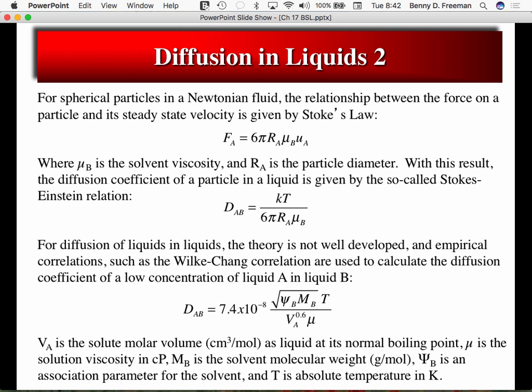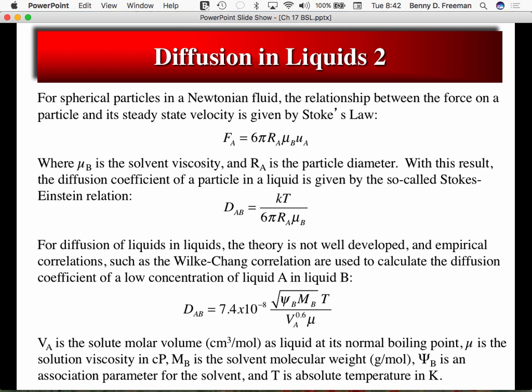And with this model for the force, the diffusion coefficient of A through B can be written as kT over 6 pi times the radius of A and the viscosity of B. This is essentially a precise equation for calculating, for example, the diffusion coefficient of a 0.1 micron latex bead through water. You have the viscosity of water, the radius of the beads, you get the diffusion coefficient just perfectly.